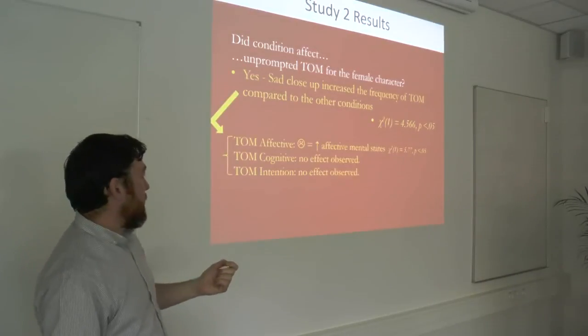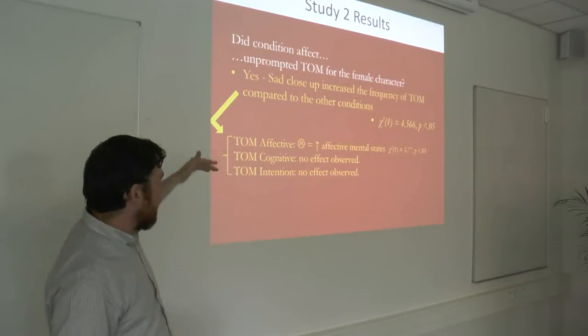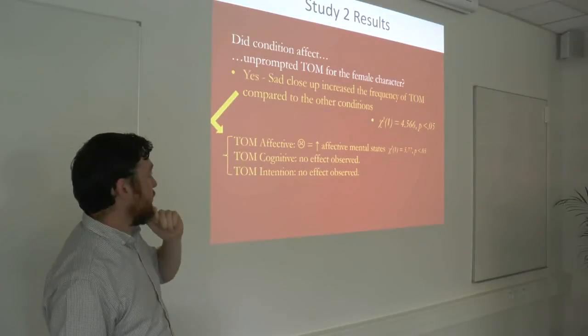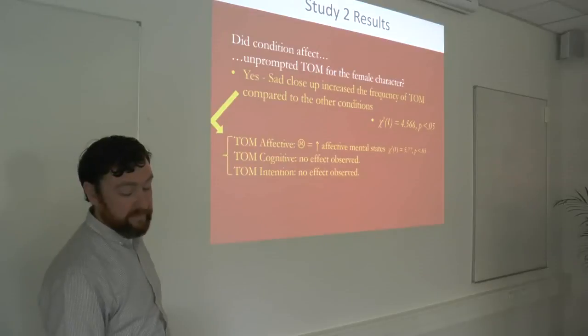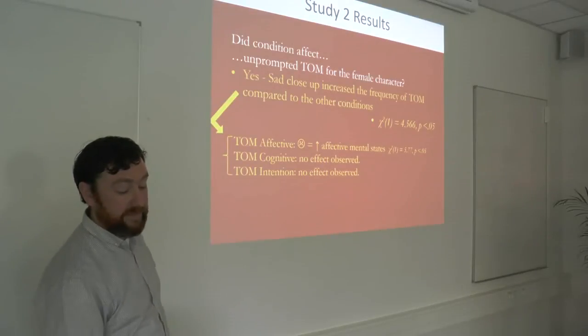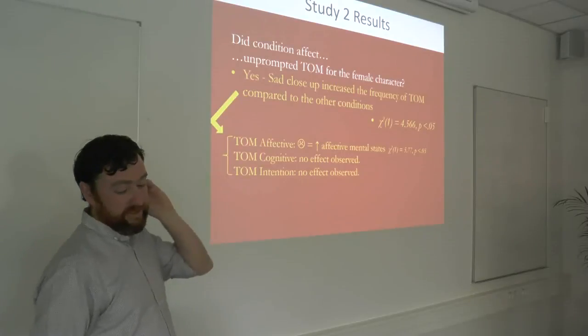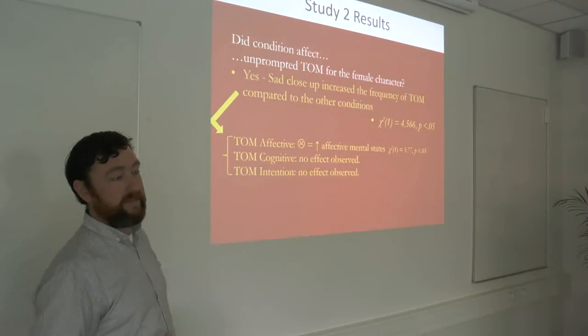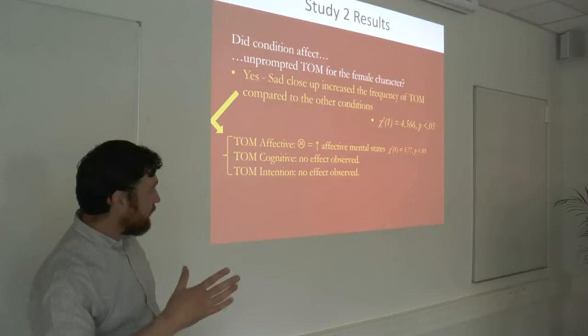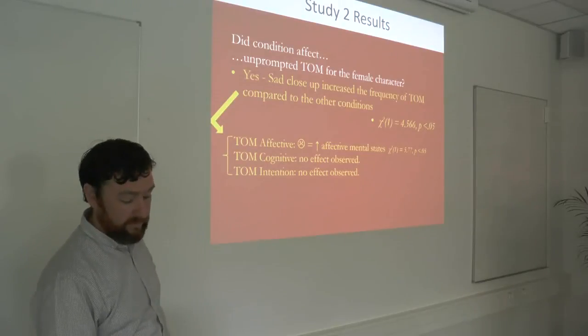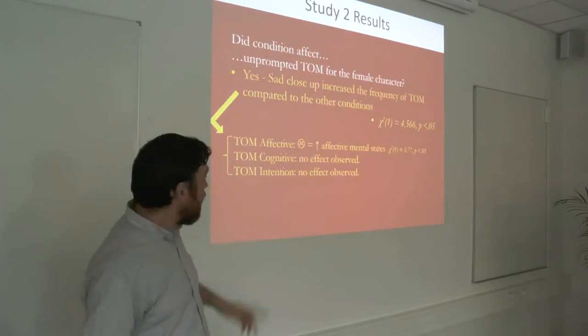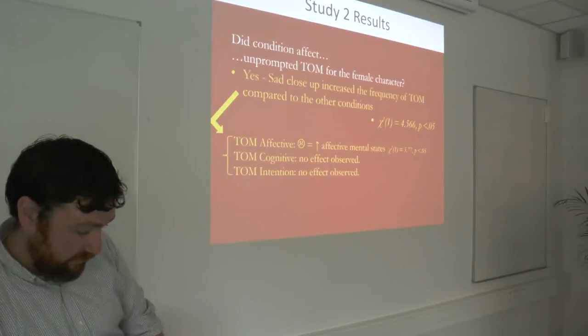When we looked at how this broke down, we were able to see that this was largely driven by affective mental states. Specifically, when participants saw the sad close-up, there were more affective mental states. They described the character as sad or lonely and so on, but no effect for cognitive or intention.